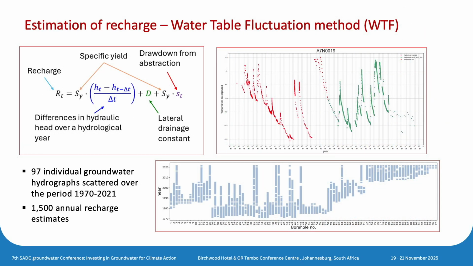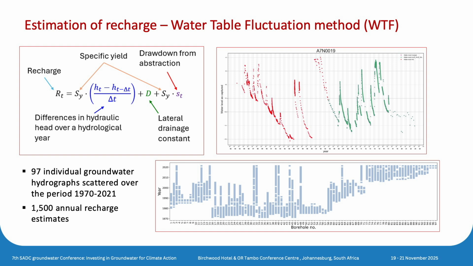To summarize, the water table fluctuation method is listed here, and in a way it's very simple, because when you see an increase in water table, that is presumably due to recharge coming in, and then you need to normalize with a specific yield. You also need to take into consideration the lateral drainage and pumping, if that is the case.